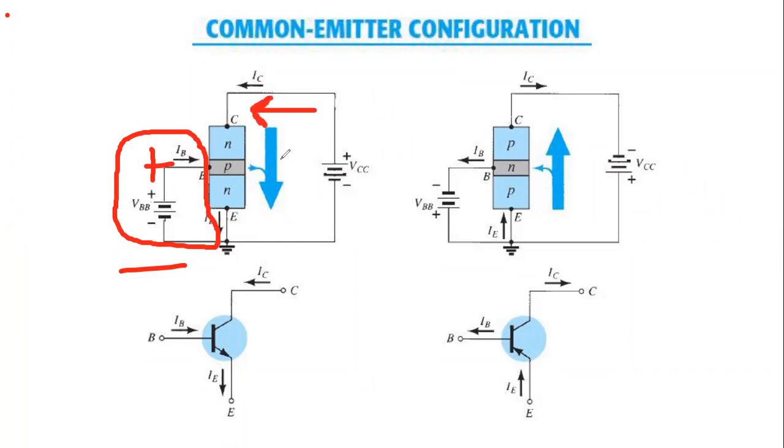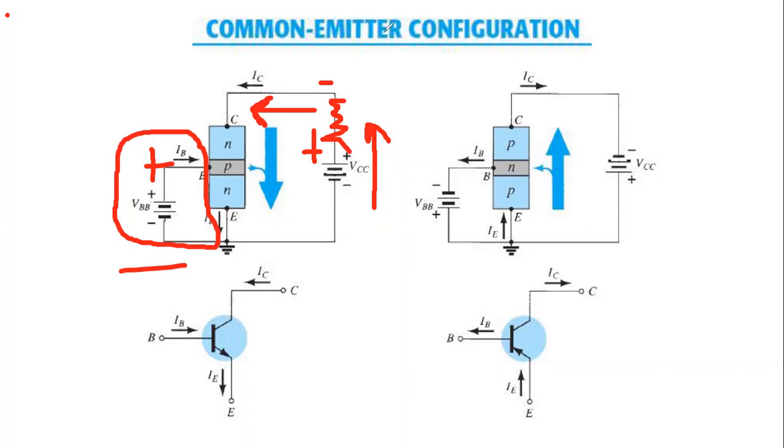Suppose there is a resistance here. When current flows across the load, the entering point becomes positive and the outgoing point becomes negative.